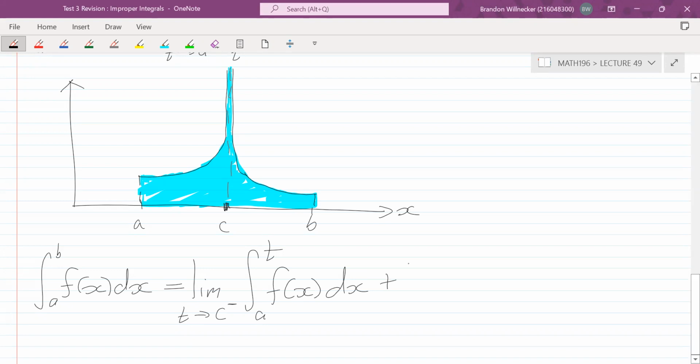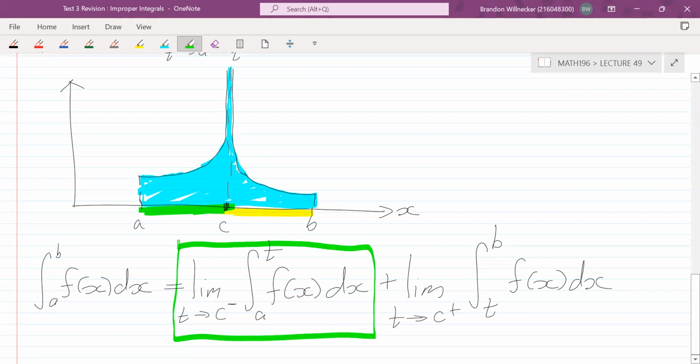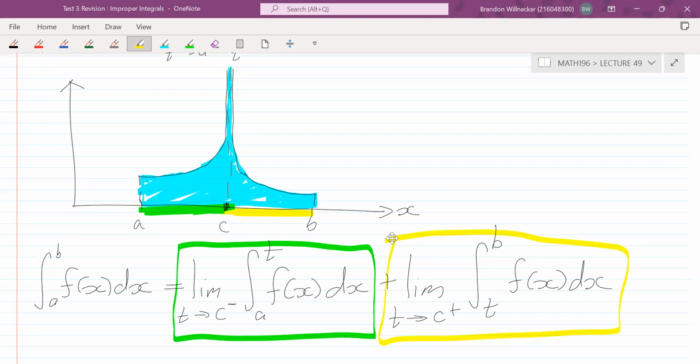We also need to add the right-hand side. That will be the limit as t approaches c plus, because now we're coming in from the positive side, of the integral from t to b, f of x dx. So we have these two sides: the green side over here and the yellow side on the other. The first integral is calculated for the green side, and the second for the yellow side. If we add them together, that's the complete picture. If either of these diverges, then the integral diverges.